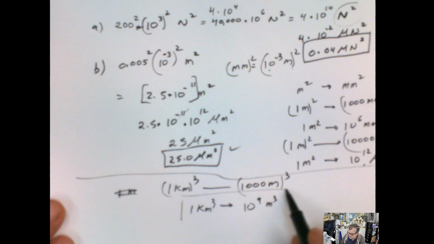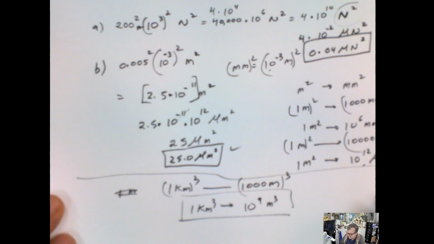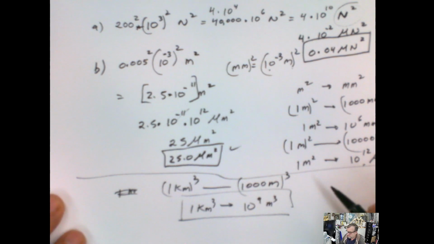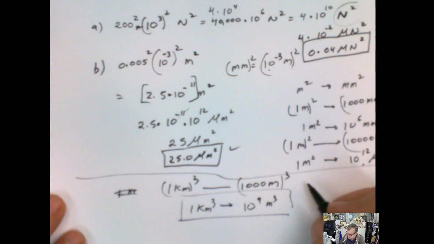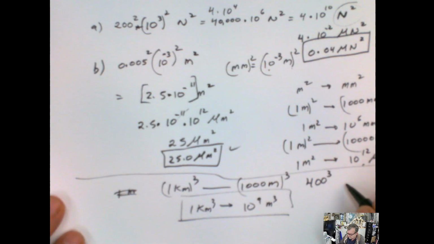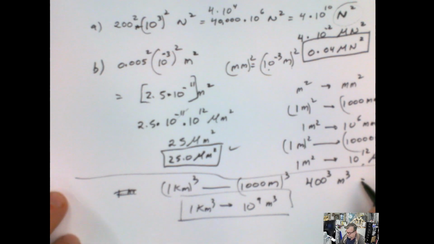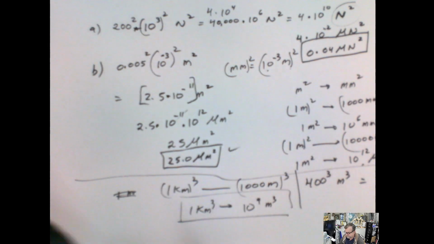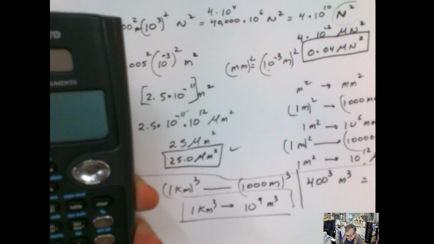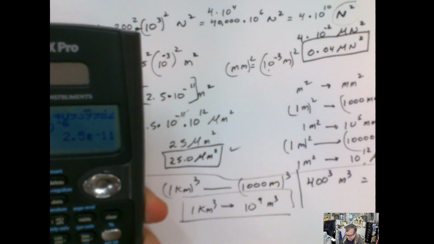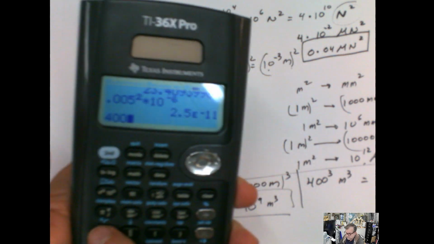This is if I want to express my final answer in kilometers cubed, which I still don't know if that's going to be the final answer. So let's try to work the number. That will be (400 meters) cubed, 400 to the third.